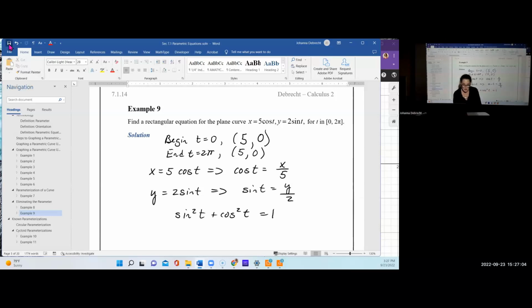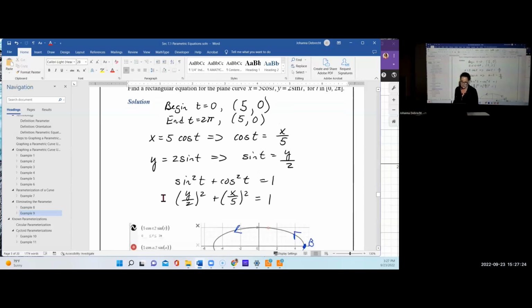That's a Pythagorean identity, so we know that that's what it's got to be. So when we're looking at that, we're going to make the substitution that y over 2 is going to replace sine. So we have y over 2 squared plus x over 5 quantity squared equal to 1.